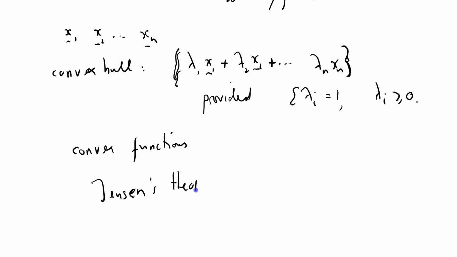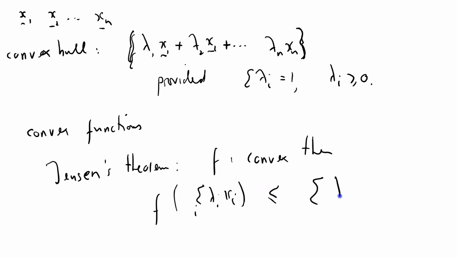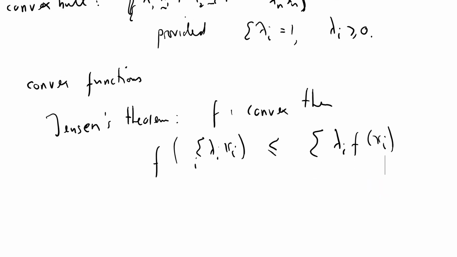Jensen's theorem, which said that if f was convex, then f of sigma i lambda i xi is, which way around, less than or equal to sigma lambda i f of xi. So what we're saying here is we've got a nice little statement that the function anywhere in the convex hull of a bunch of points is less than or equal to the weighted average of the function evaluated at those points, which is quite nice.